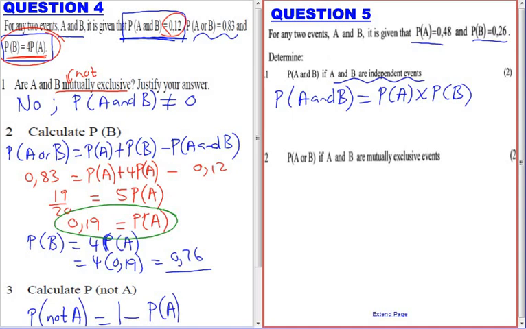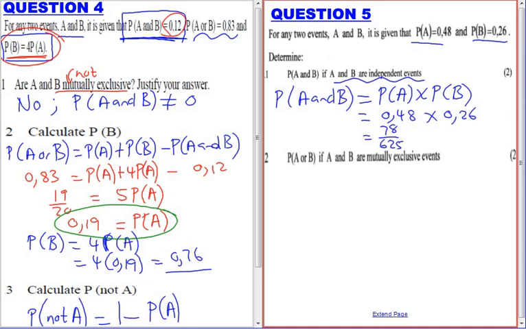Okay, so if that's what you want to find, all you need is the probability of A, which is 0.48, and the probability of B, which is 0.26, and then you go for it. Okay, 0.48 times 0.26, that should be some 78 over 625.